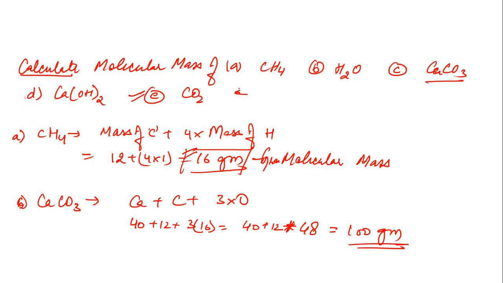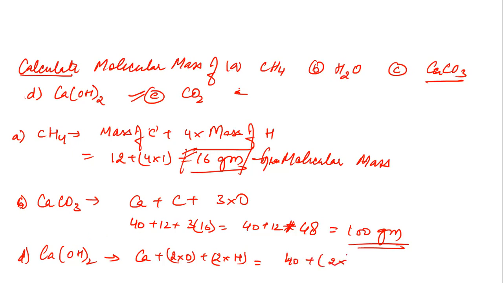CO2 and Ca(OH)2. Now Ca(OH)2 I will also show you. This is Ca(OH) whole twice. This is calcium plus 2 into oxygen plus 2 into hydrogen. This 2 is with oxygen and hydrogen both. So it's calcium, 2 times oxygen, 2 times hydrogen. Calcium is 40 plus 2 times oxygen, 1 time oxygen is 16, plus 2 into 1.